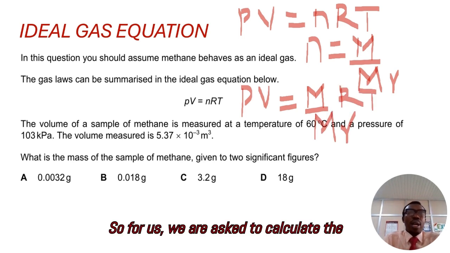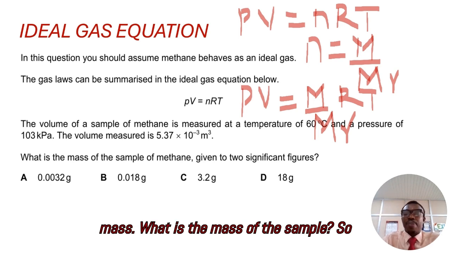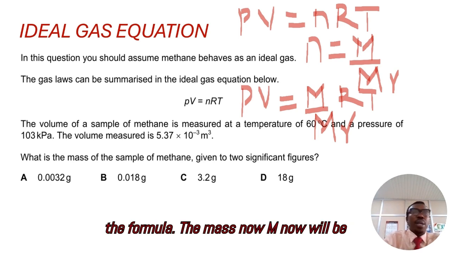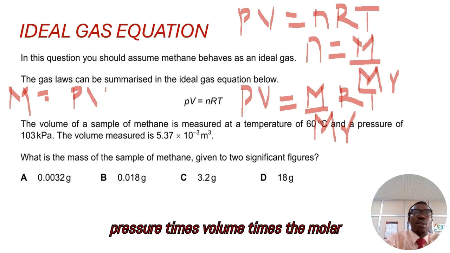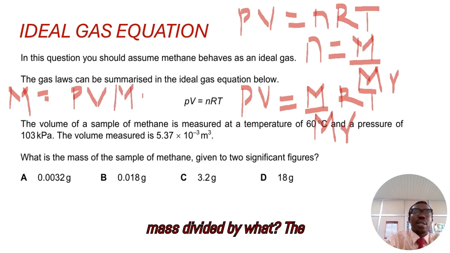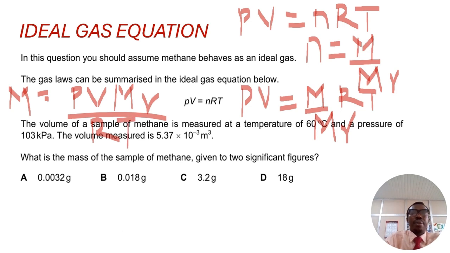So we are asked to calculate the mass. What is the mass of the sample? So we have to make the mass the subject of the formula. The mass m now will be equal to pressure times volume times the molar mass divided by what? The gas constant times temperature.